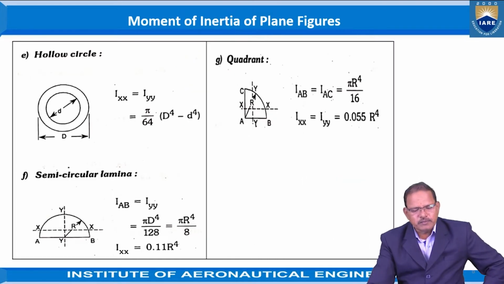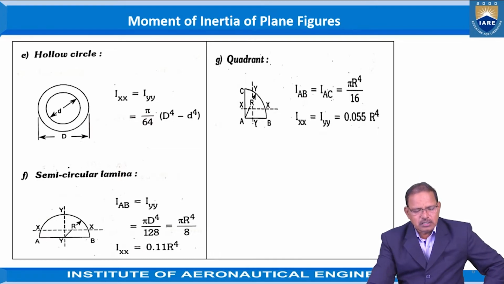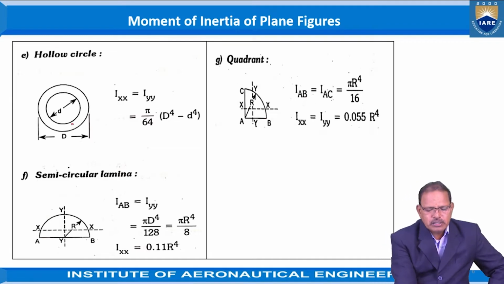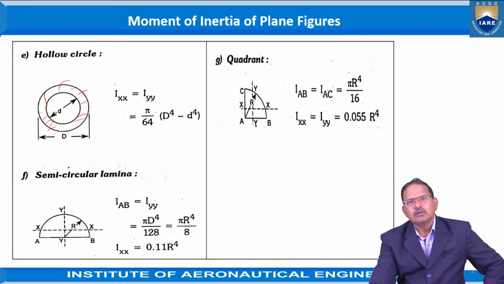Now, the moment of inertia possessed by the hollow circle. Let capital D represent the diameter of the main circle and small d represent the diameter of the cutout circle. The moment of inertia possessed by the hollow circle is equal to the difference of moment of inertia possessed by the outer circle, that is the main circle, and the moment of inertia possessed by the cutout circle.